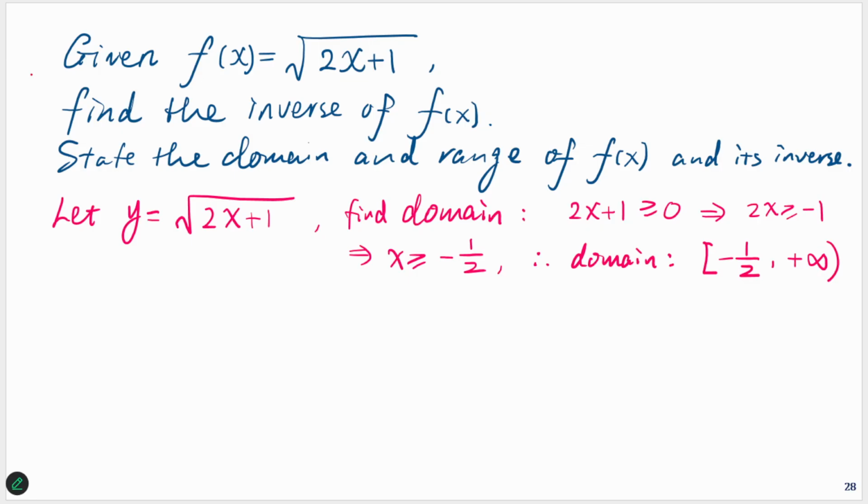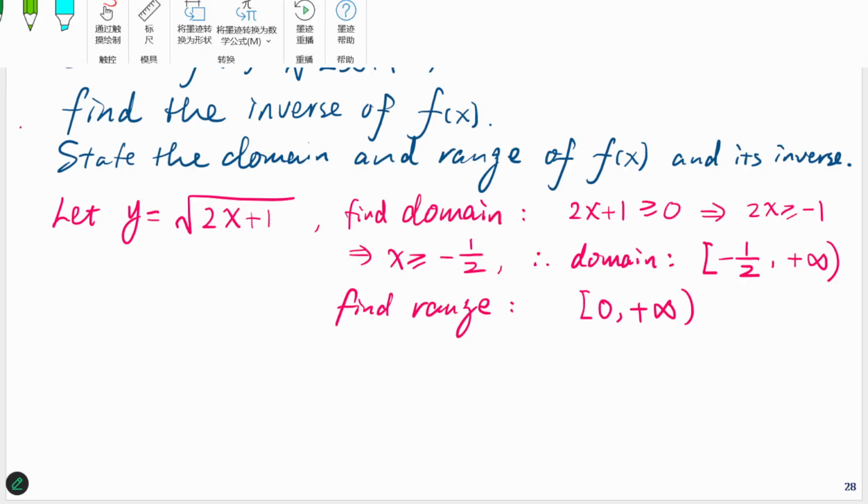Okay, then find the range. So basically you have a non-negative number under the square root. The square root of a non-negative number is also any non-negative number, right? So we could directly say the range is from 0 to positive infinity. And then we can find the expression of the inverse.